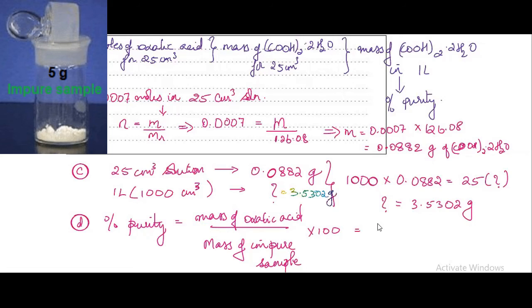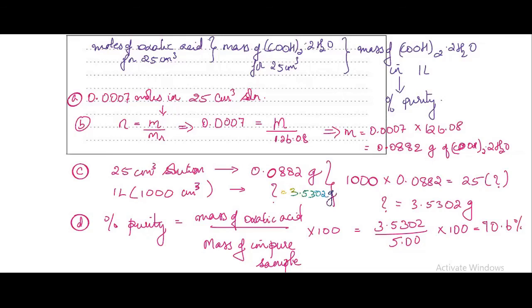So that will be equal to 3.5302 divided by the mass of the sample, which is given in the question initially, that is 5.00 grams, times 100. When you calculate this, you will get 70.6%.